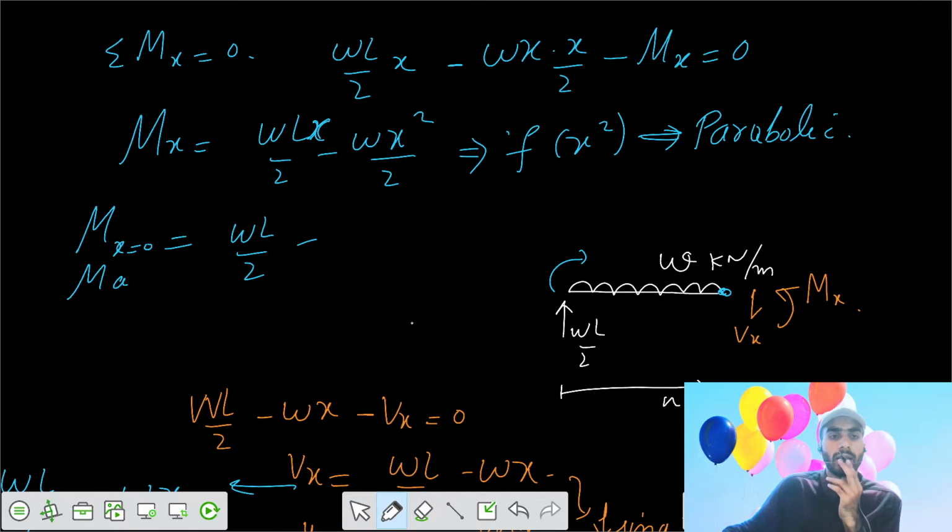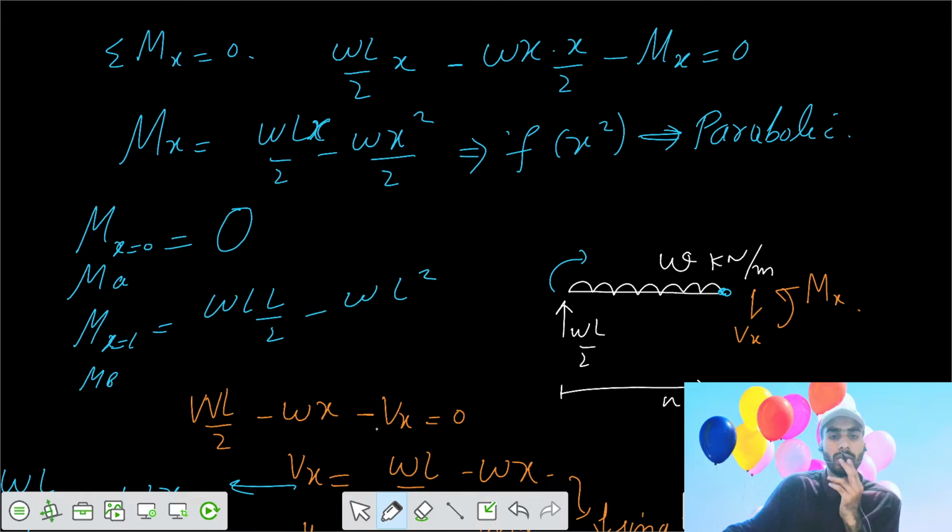So we have WL by 2 into 0 minus W into 0 squared by 2, which equals 0. So the bending moment at the free end, at support A, equals 0, and the moment at x equals L, that's the moment at support B, equals WL squared by 2 minus WL squared by 2, which equals 0.